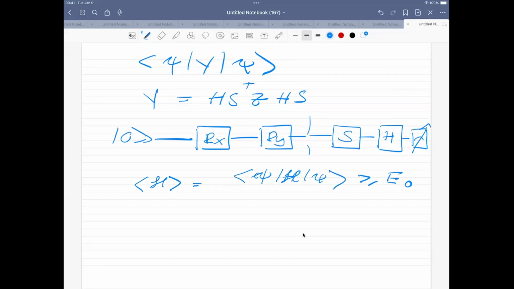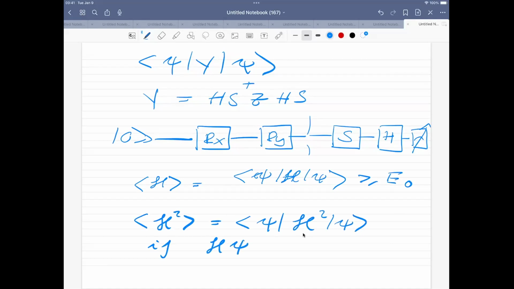Now, if I calculate the expectation value of this quantity here, it is obviously psi of H acting twice on psi. Now, if H times psi is equal to the energy which we are looking after, then you know that this is nothing but the energy squared.